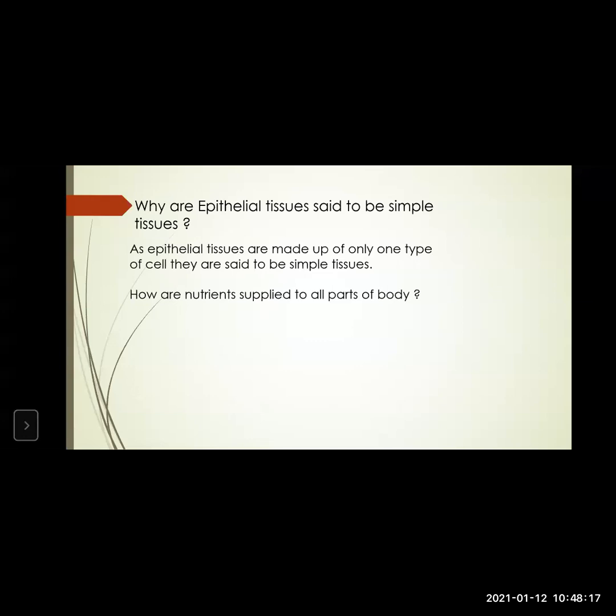Whatever digested part is there is absorbed in our body. From the digestive system, this digested food moves into our blood. Via blood, these nutrients reach each and every cell of our body. So nutrients are supplied to all parts of our body by blood.